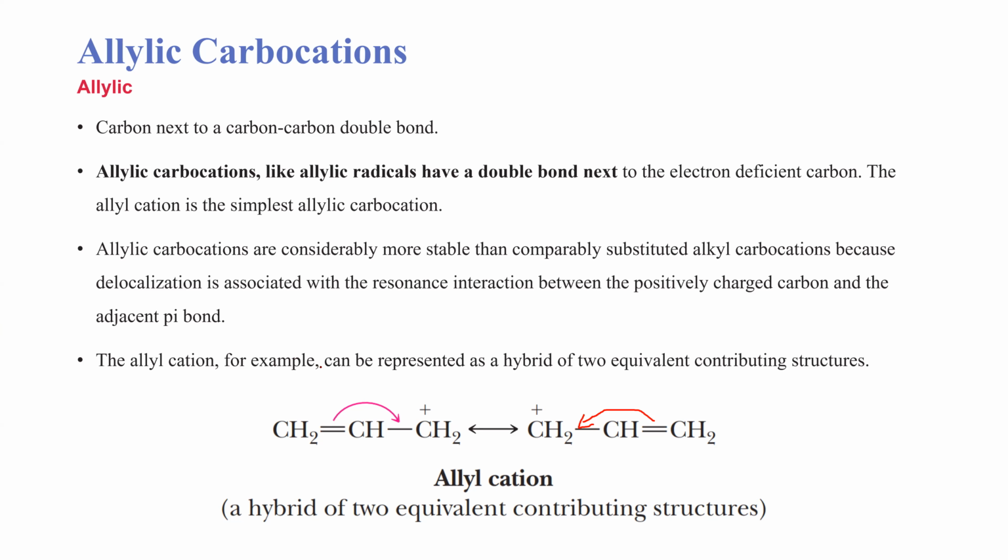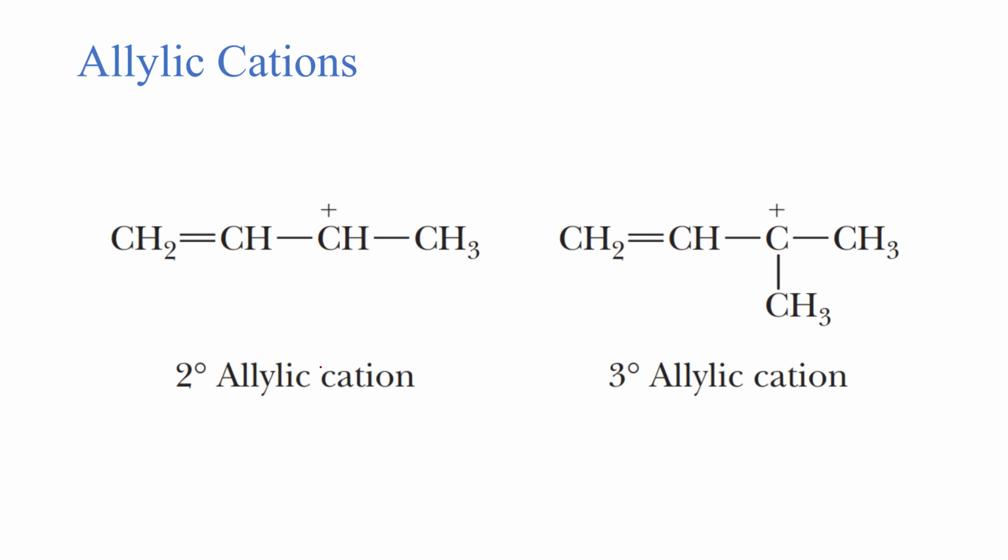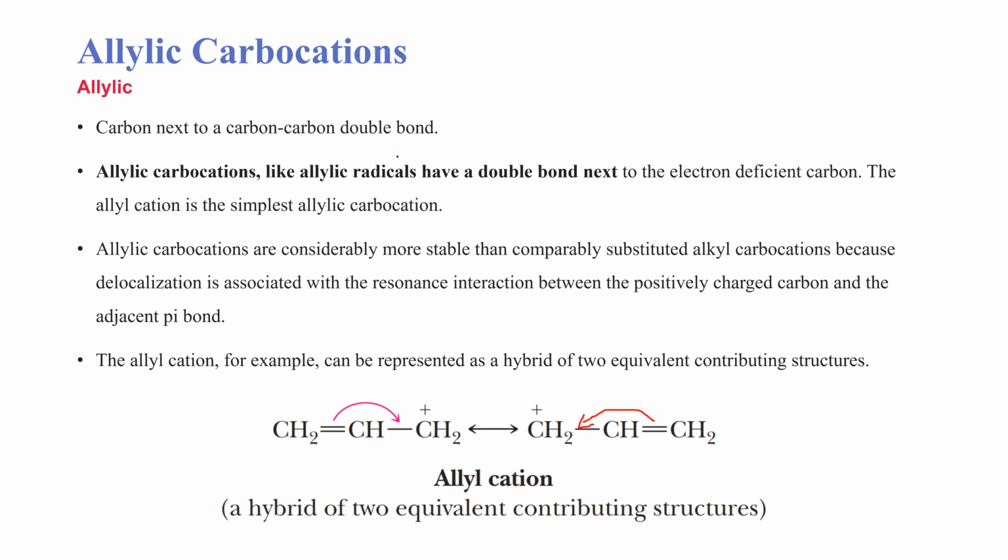So now we will see another kind of allylic cation. But firstly, I just wanted to mention that in a previous slide, I showed you one of the primary allyl cations, or allylic carbocations. This is a primary one.